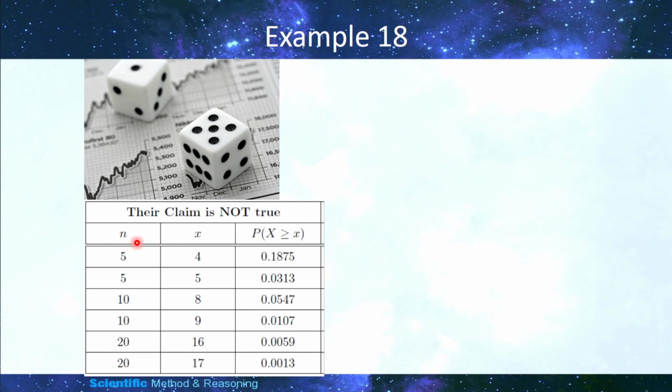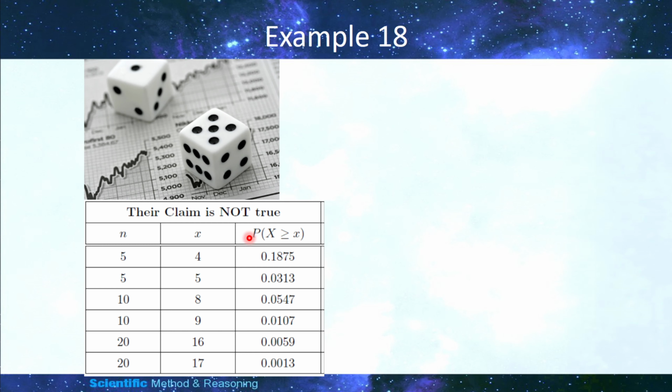suppose we have n equals 5 trials, 5 independent trading days, and the observation is 4 correct predictions out of the 5. What is more extreme, contrary to the null hypothesis? The more extreme would be a greater number of correct predictions.